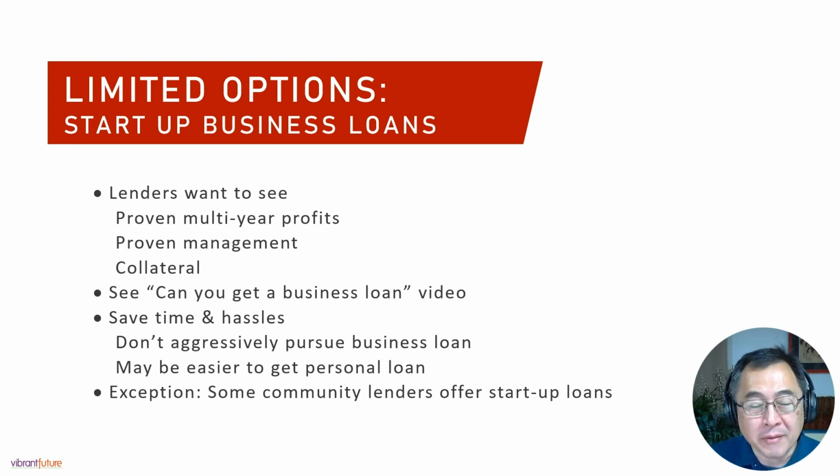Just because you can make a good widget or cook a great meal doesn't mean that you are a good business manager. So they want to see a couple of years of you running a business to make sure that it's capable management that is able to repay the loan. And business loans will typically want to see collateral that they can acquire in the event that you can't repay a loan.